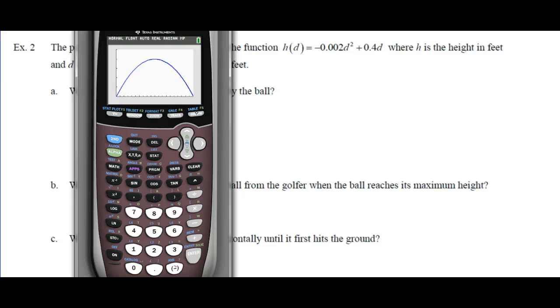And what did we want? The maximum. I forgot what we were doing. Okay, second calc, I want the maximum. That's number 4. Now I think it's pretty much at the maximum there, but for the left bound, we just move a little bit to the left of the maximum, and for the right bound, move to the right of the maximum, and it wants a guess, so you just go close.